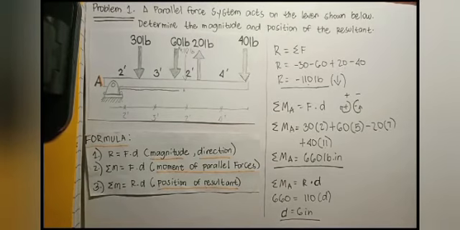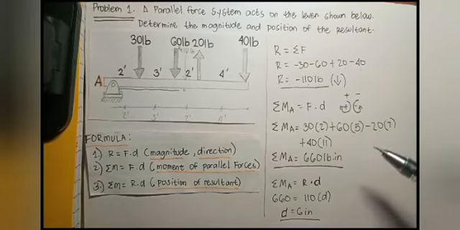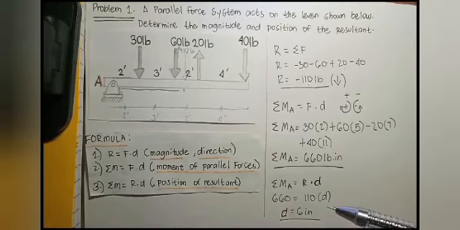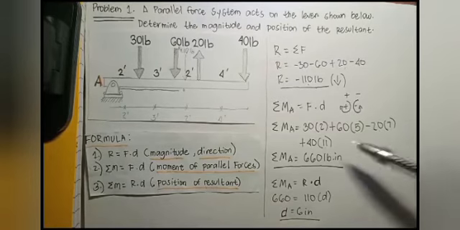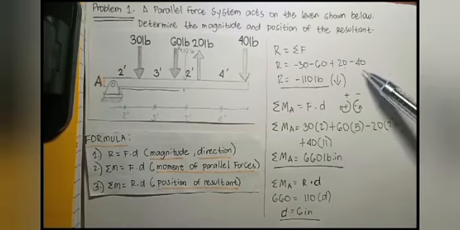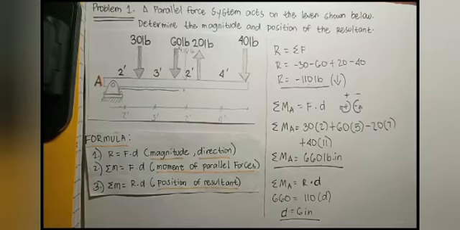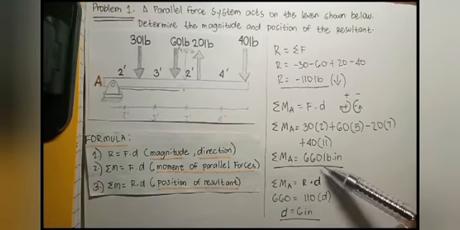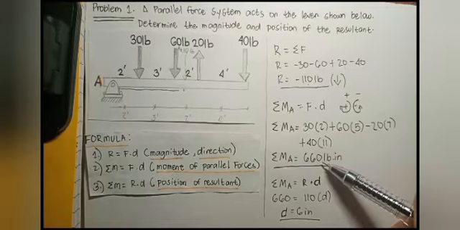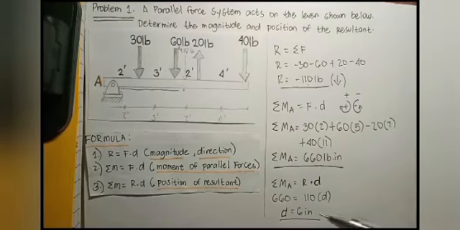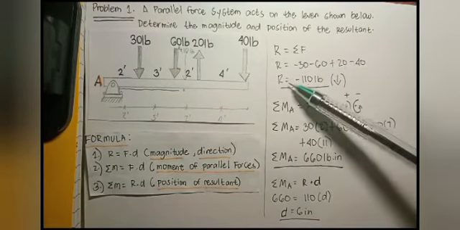Let's substitute the values that we already solved a while ago, the summation of A and the resultant. Let's write 660 for the summation of A, equals 110, which is from the resultant.